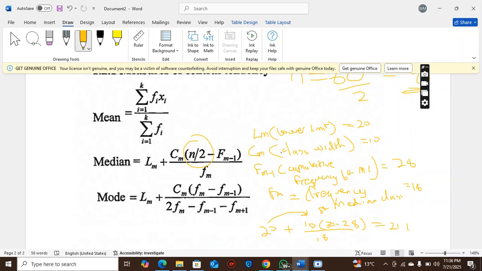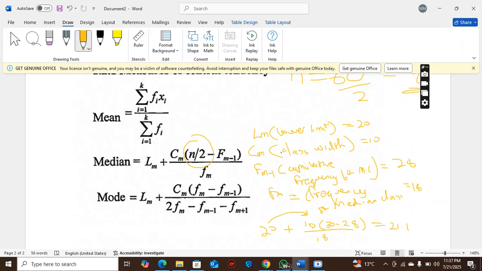Any questions before we go to the mode? All right. So now for the mode, how do we find the modal class? Because for the median also you have to first find the median class.